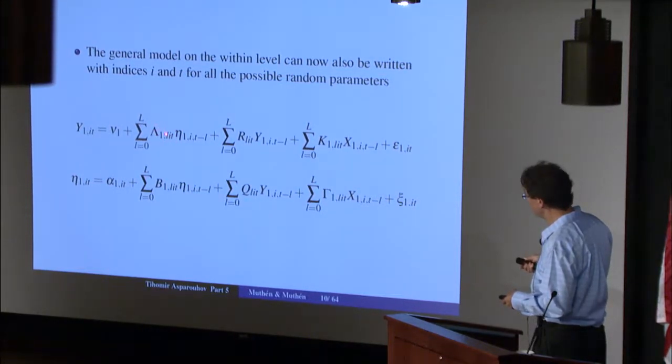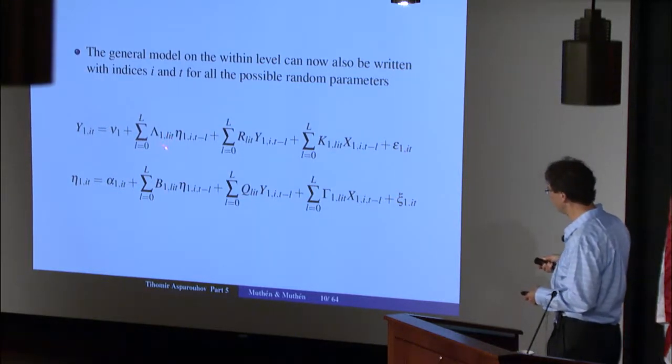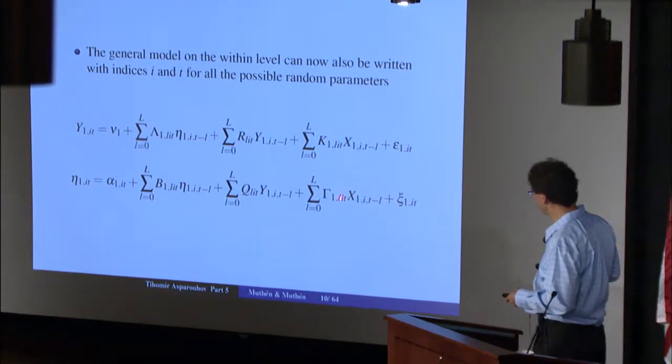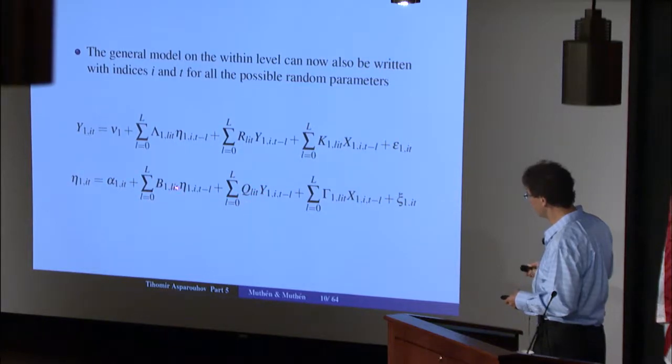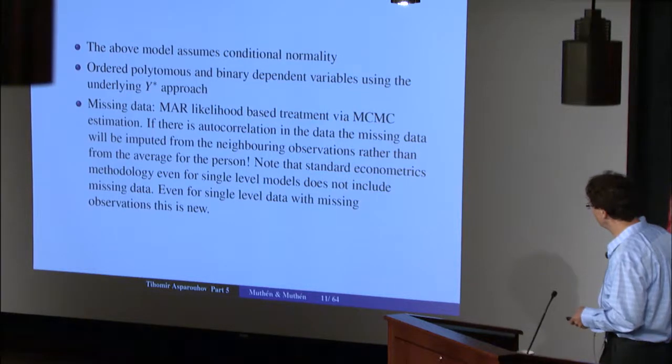All of these parameters can have an additional index to show that they can vary across individual and time. So all these coefficients can have these indices i and t. That's a more general way to write the model.